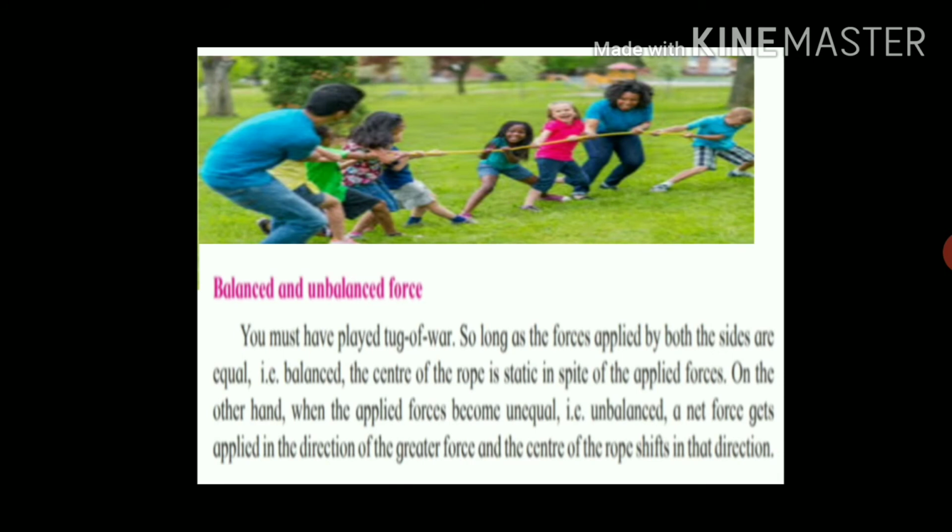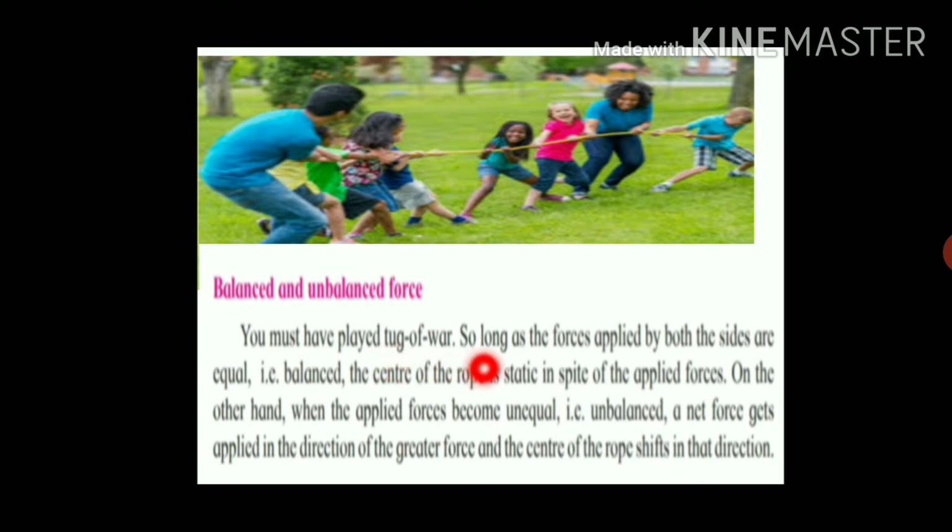Here, see, you must have played tug of war, as in these pictures. In tug of war, both teams apply the same force. So long as the forces applied by both sides are equal, that is called balanced force.